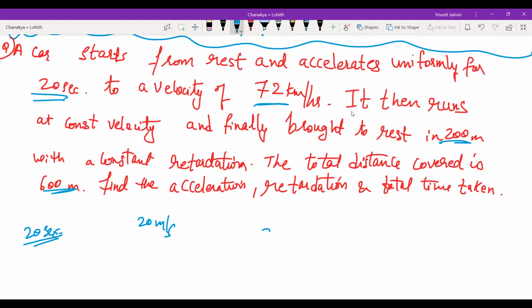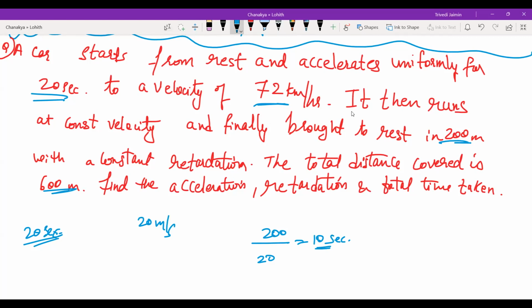So here we got 200 meters as our answer, friends. If we take this as the distance traveled at that time with velocity 20 meters per second, that will give you 10 seconds.